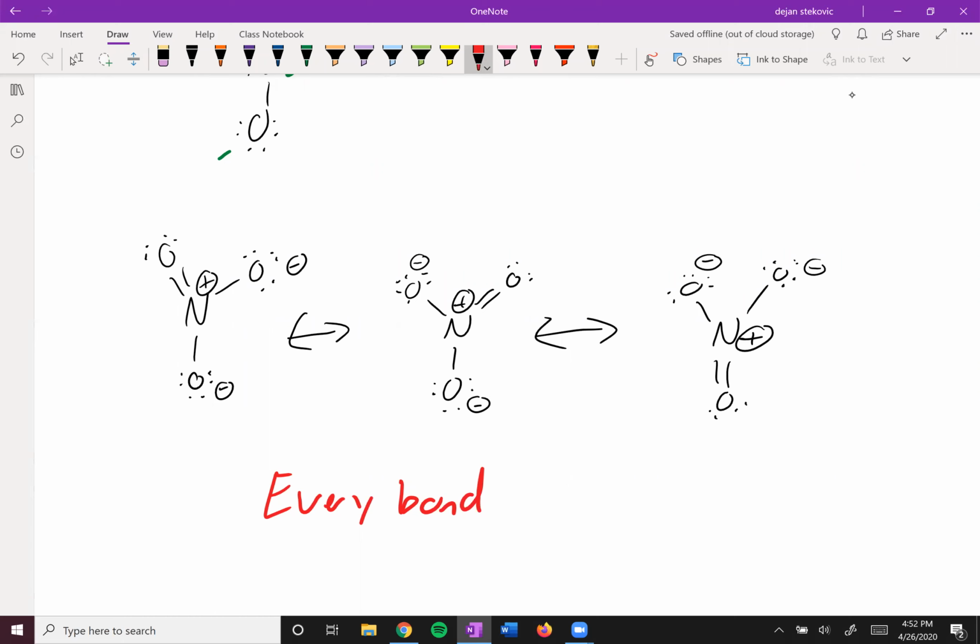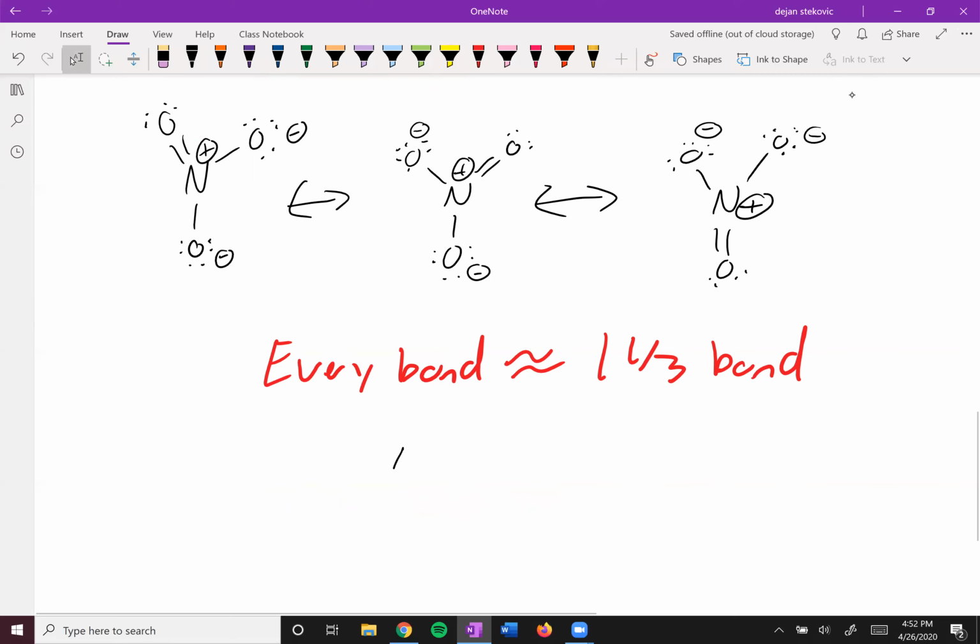What it really means is that each bond is approximately 1 1/3 of a bond, because if you look at any of these bonds, there are 2 bonds, 3, 4 bonds divided by 3 structures. 4 divided by 3 is 1 1/3. So go ahead, do the same with carbonate and think about the bond order as well.